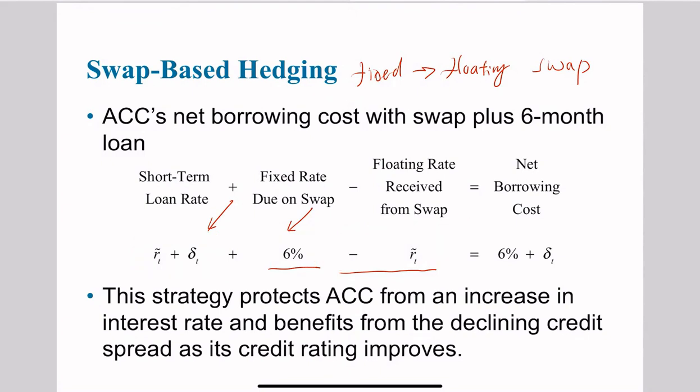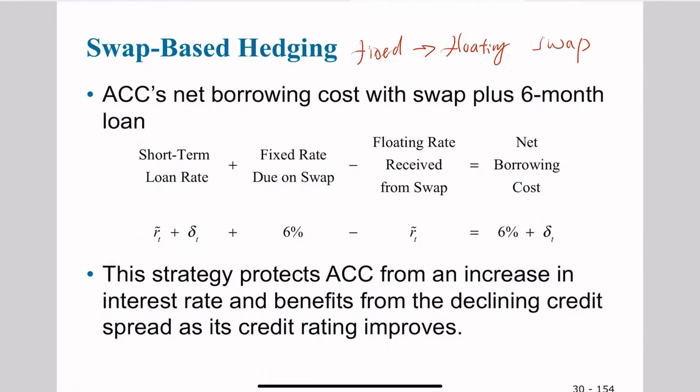So in the end, you can see that this floating rate, they will just cancel with each other. And in the end, the total borrowing cost or net borrowing cost would be a fixed rate of 6% plus the credit spread.